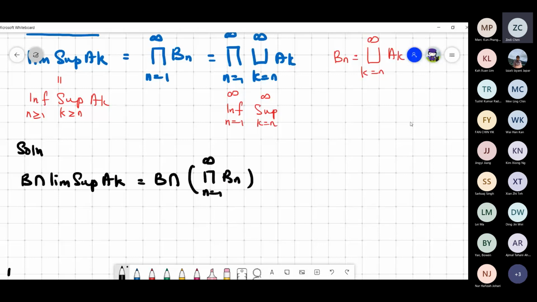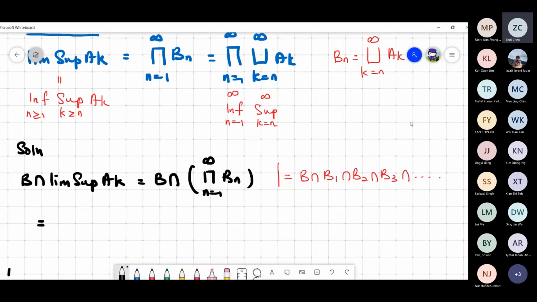This is your Bn. You have an intersection. Actually, I think after expanding this it will be better. So this can be written as B1, B2, B3, and so on.